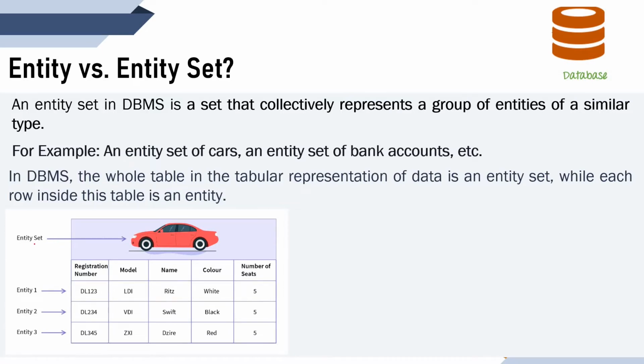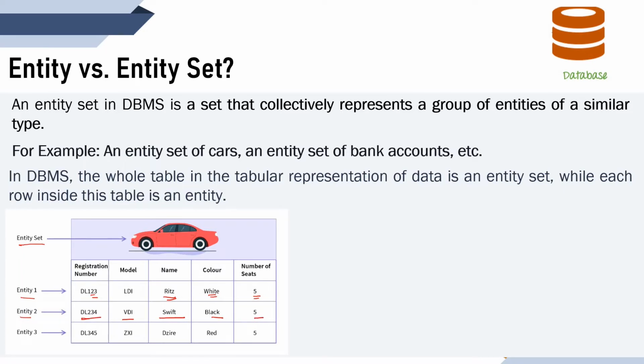Now entity 1 is one particular car model, with model LD1, registration number, color of that car, number of seats. This is entity 1. Entity 2 is the second one, the Swift car, which is black in color, whose model is VD1 and registration number is DL234, number of seats 5, like this.